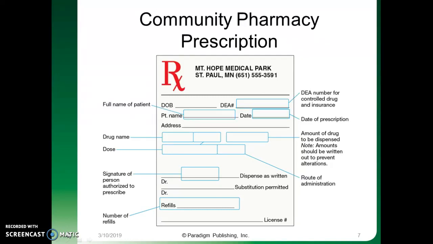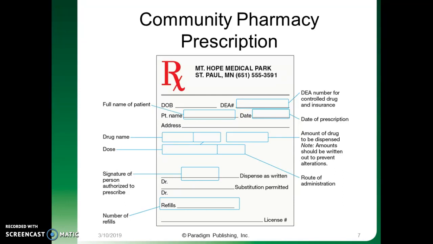So you will have the full name of the patient, you will have the drug name, the dose, the signature of the person authorized to prescribe, the number of refills. You will also have the DEA number for controlled substances. Sometimes if the medication is not a narcotic or a controlled substance, then the DEA number will not be there.